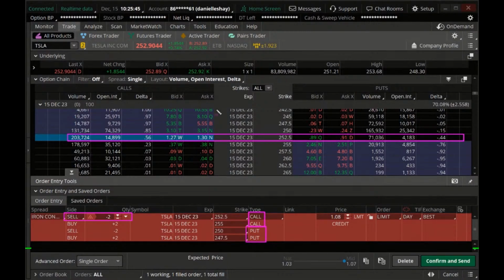So basically what you would do is say, all right, my goal is to make a range bound trade on Tesla. I know that the market maker expected move is $2.55. When you look at the at the money premium, you can see there's about $1.30 here and about 89 cents here.